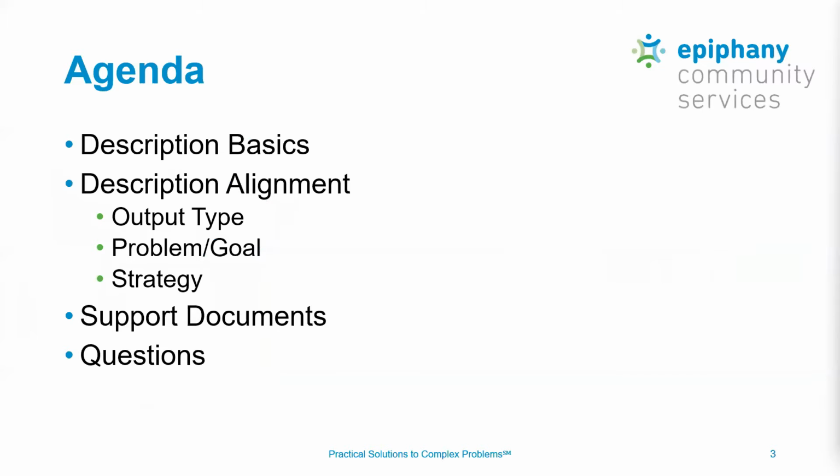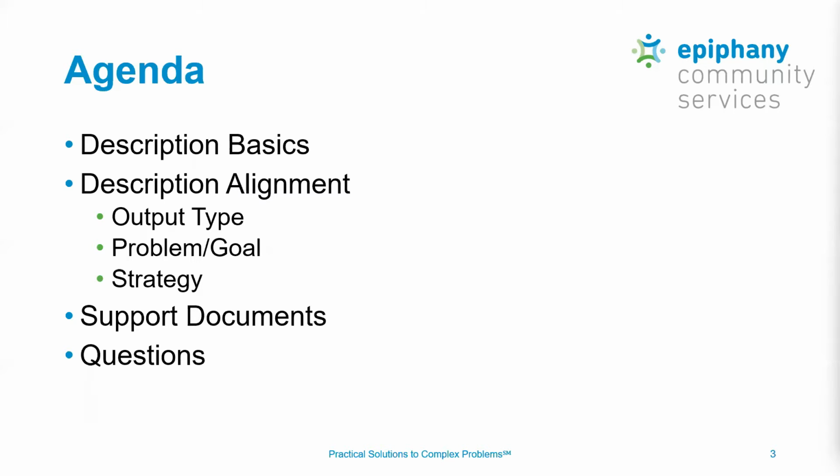So this is our agenda. We are going to be looking at description basics, taking it back to basics first and talking through that. If you're new to Reach, this will probably be helpful. If you're a seasoned veteran, hopefully you'll remember some of what we talk about there. Then we're going to get into description alignment, and we're going to break that into 3 main categories.